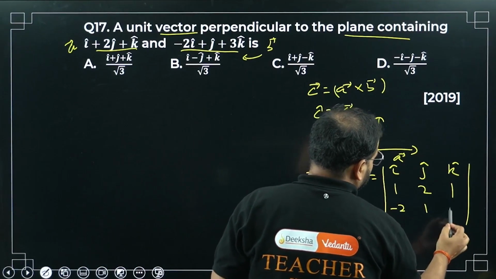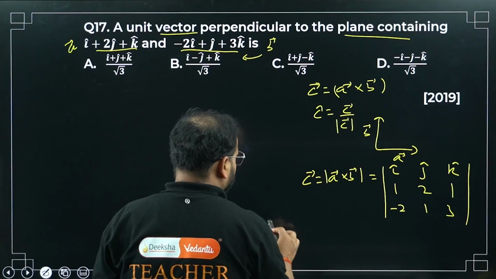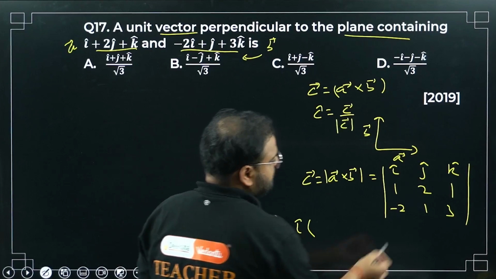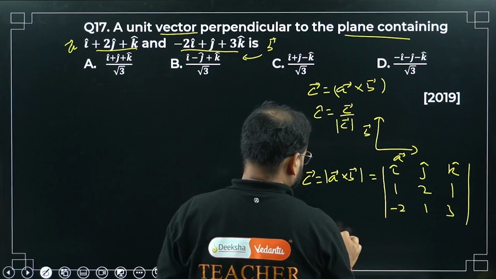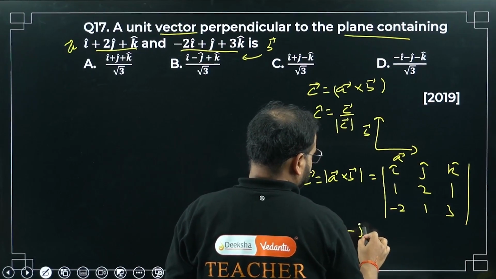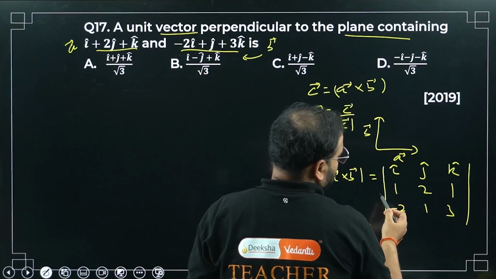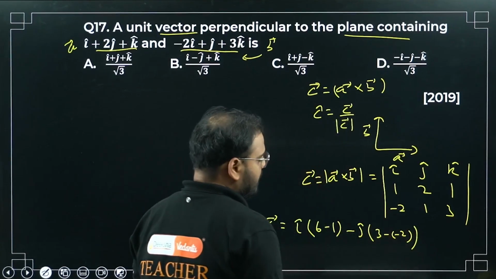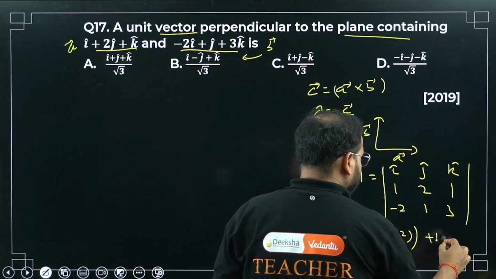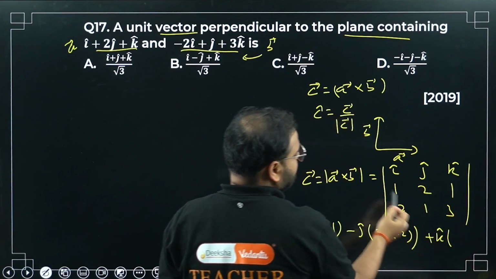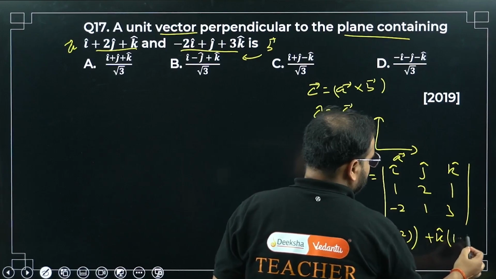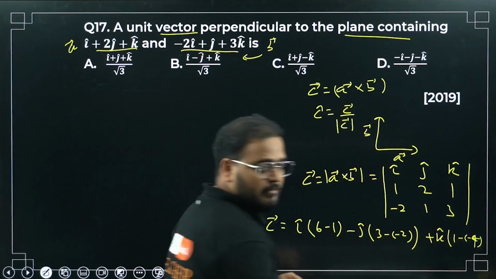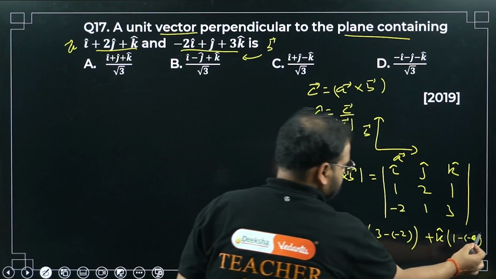So vector C equals I cap times 6 minus 1, minus J cap times 3 minus minus 2, plus K cap times 1 minus minus 4.